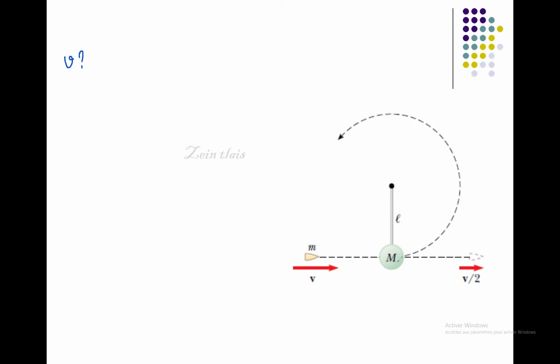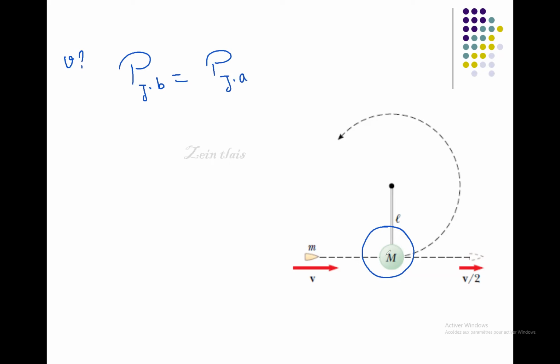Here at this point we have a collision, and as we said, we have an inelastic collision because one object passes through another object. In this case, we can say P just before equals P just after.